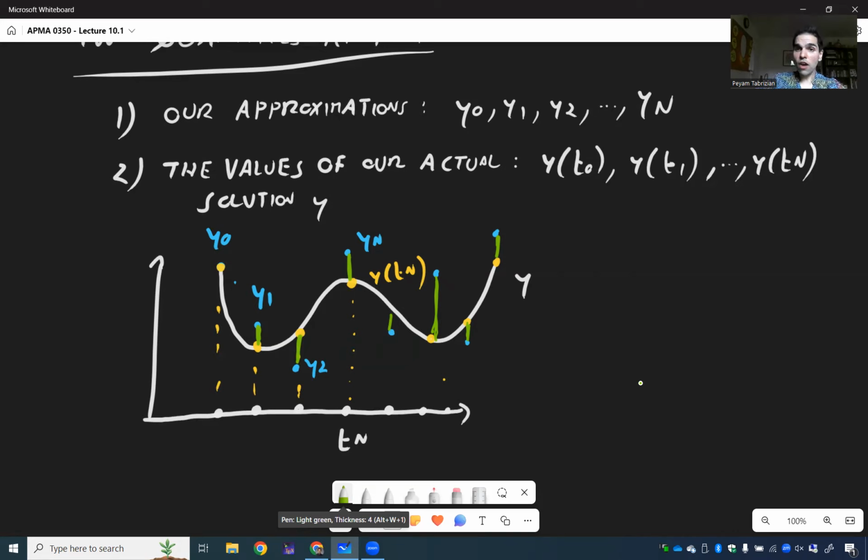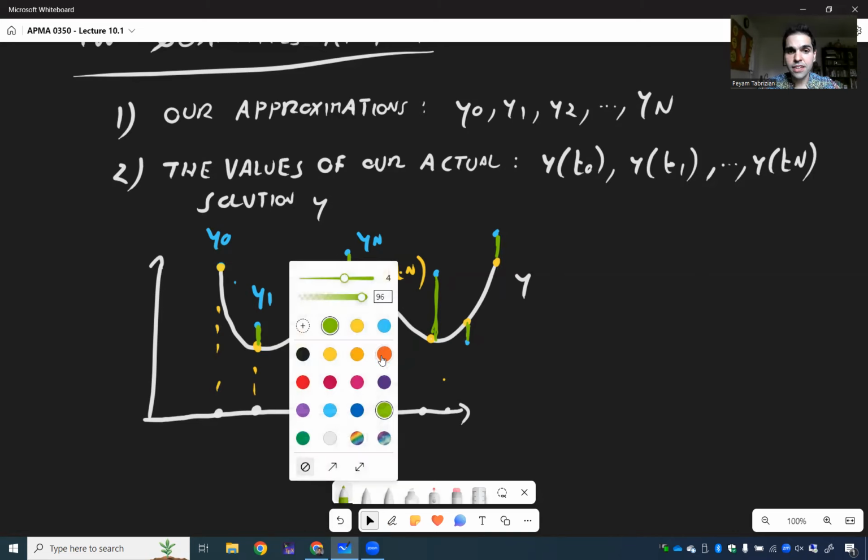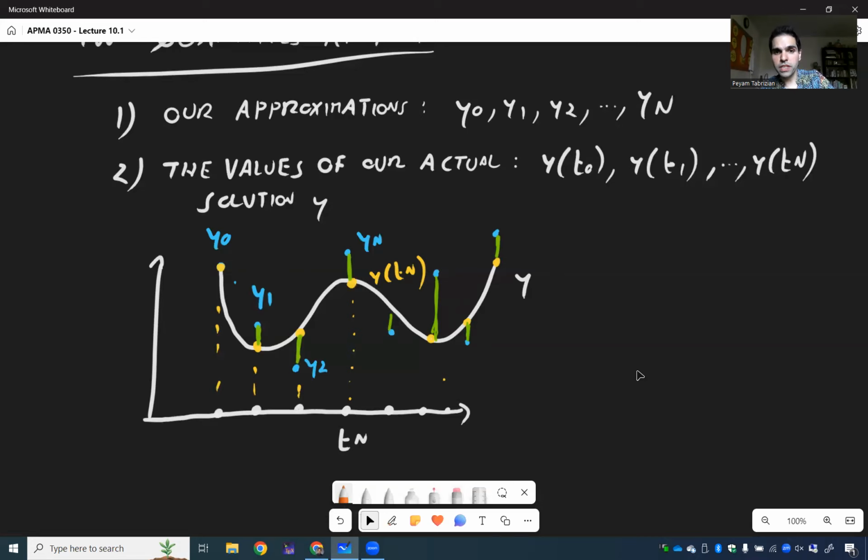And what is the error? The error, we just define it as the length of the biggest stick here. We have all those green distances, and the error is the biggest distance, which in this picture would be here. That's what we call the error.